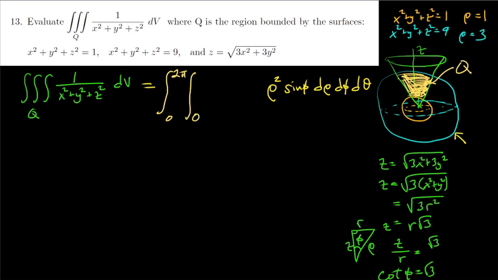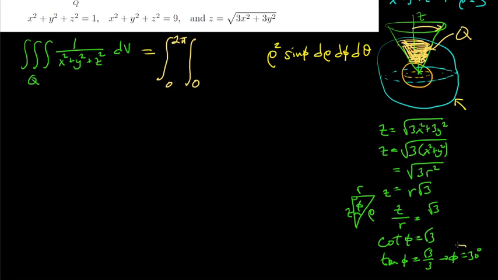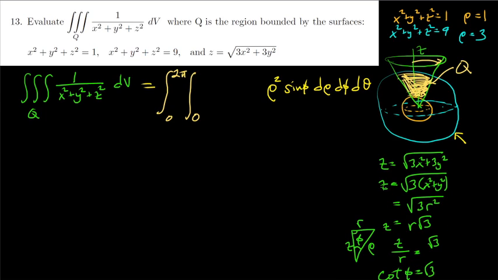We're going from 0 to, yep, that's what this was about, right? 30 degrees, or pi over 6 radians. And then rho just goes from 1 to 3, right? The inside sphere here has radius 1. The outside sphere has radius 3. So we're going from 1 to 3 for rho. Right? It's everything in between. Oh, and the integrand is 1 over rho squared.